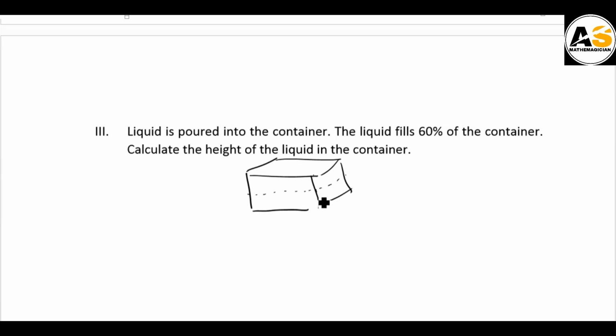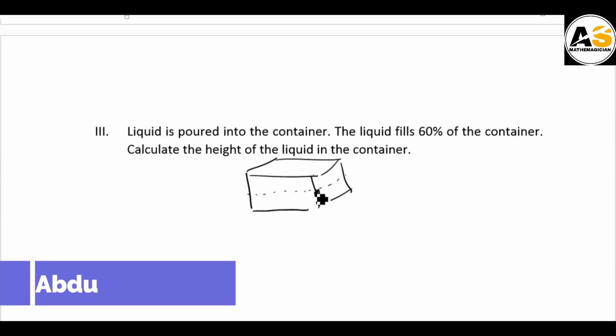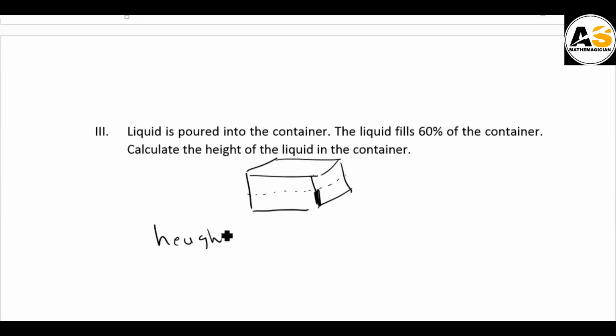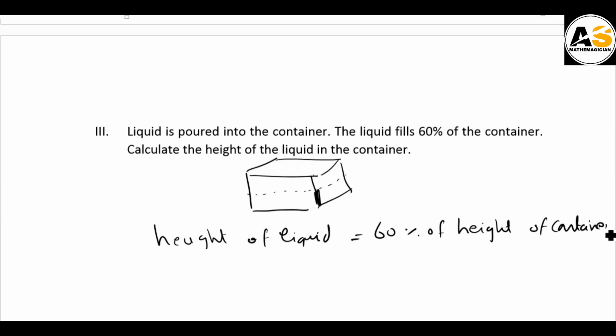It means that height of the liquid is equal to 60% of height of the container, which we can easily calculate. 60% of 6, 3.6 centimeter. I hope this is clear.